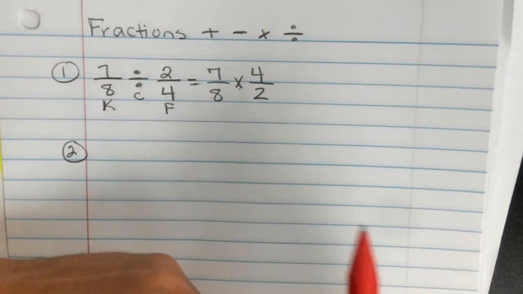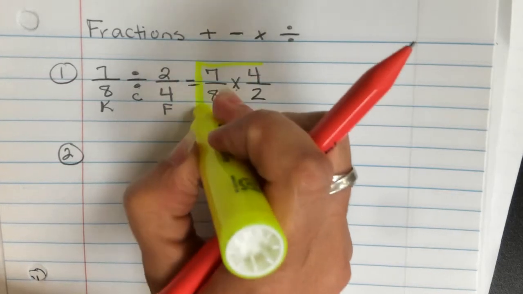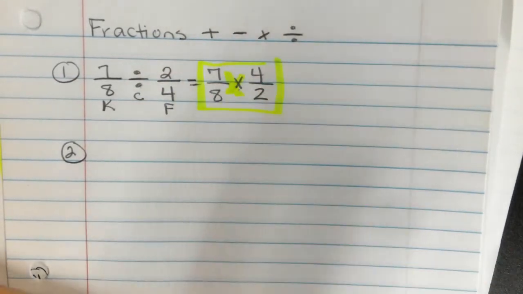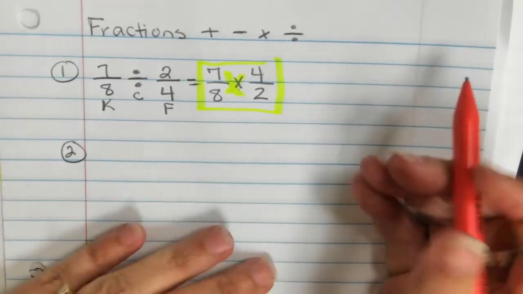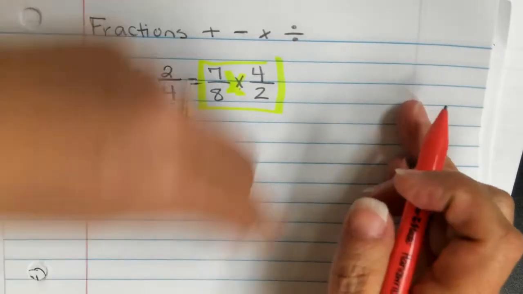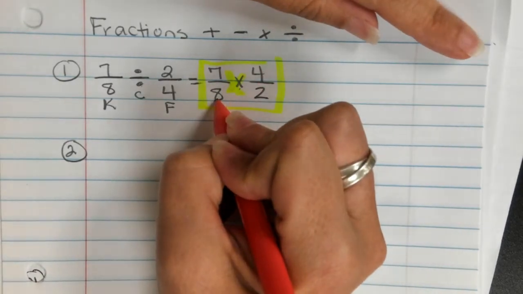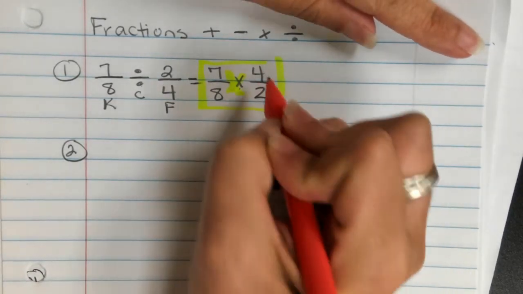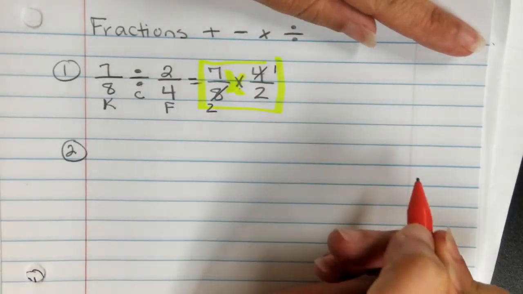Once it is changed to multiply and you flip over that second fraction, you are in that magic box that we talked about. From here, we're looking for tops and bottoms that simplify. I would do the 4 and the 8 because they're the biggest and they both are divisible by 4. 4 goes into 4 once. 4 goes into 8 twice.